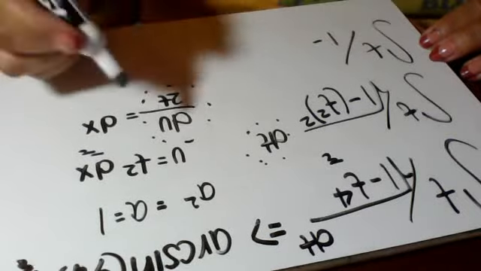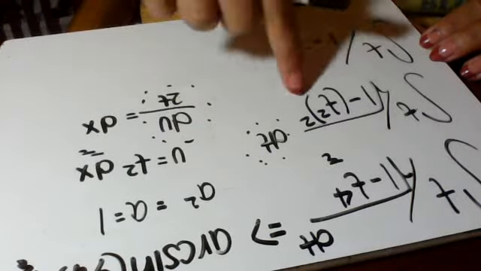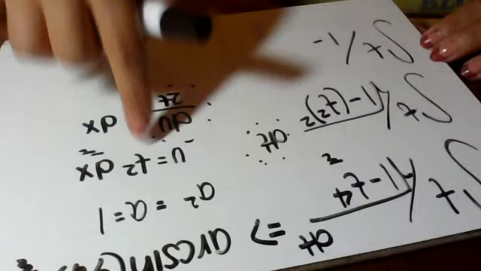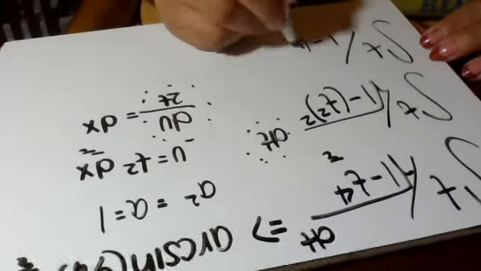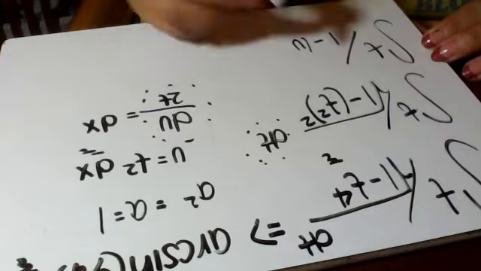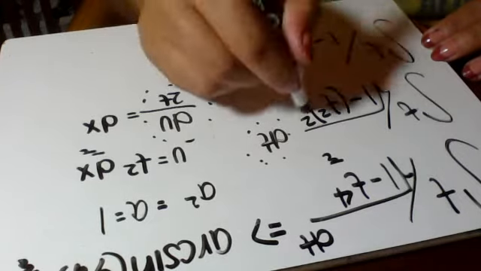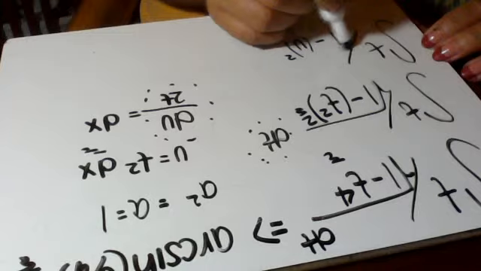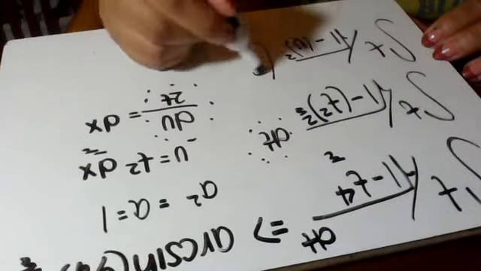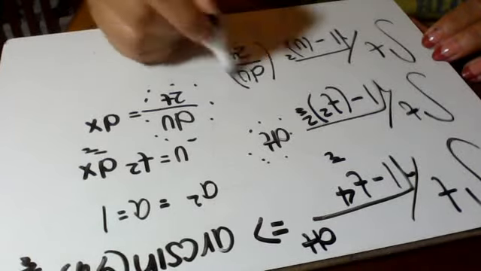Since we're doing this, we have to replace the rest: 1 minus u, because this is replacing the whole thing, to the 2nd power, square root, du over 2t.